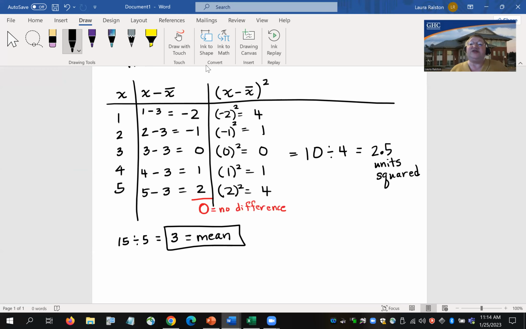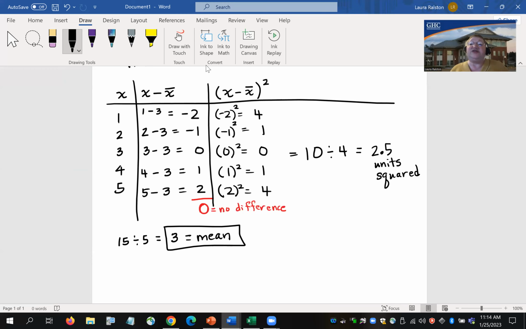But we can also use our measures of position to help us determine if our data set has outliers. Our gut, our instinct may tell us, I think that value might be an outlier. But again, the measures of position is a verification of what our gut may be telling us or wanting us to recognize.